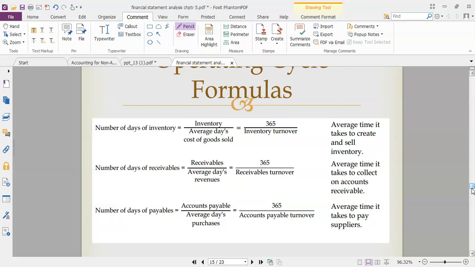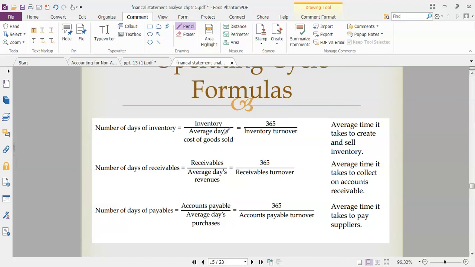It means how many days the company takes to sell their stock, starting from when they buy the stock or inventory, until the day the company sold the inventory to the customer.